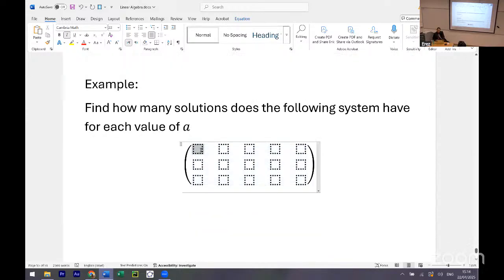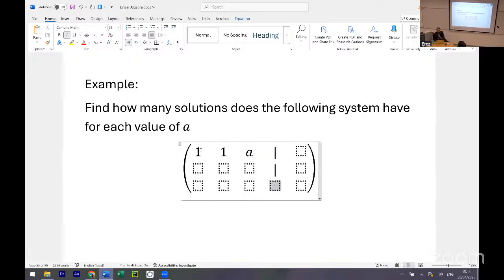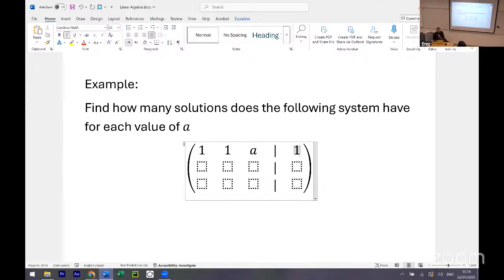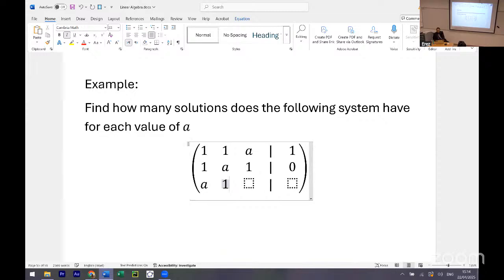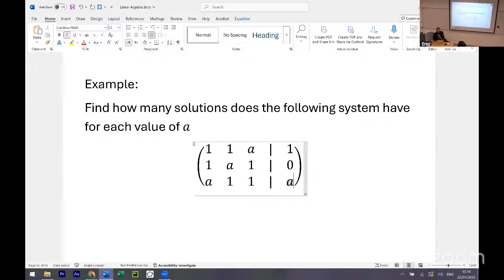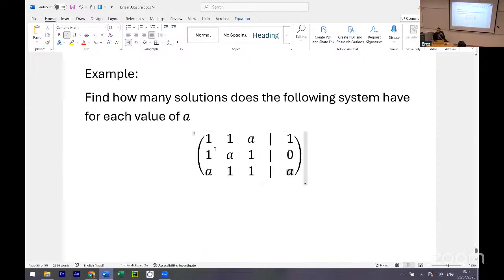Okay, and the matrix is 1, 1, A, 1; 1, A, 1, 0; A, 1, 1, 8.